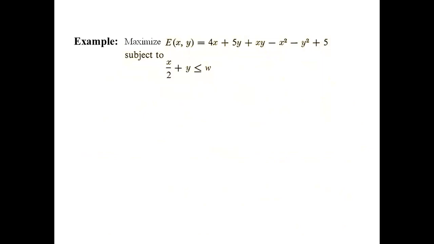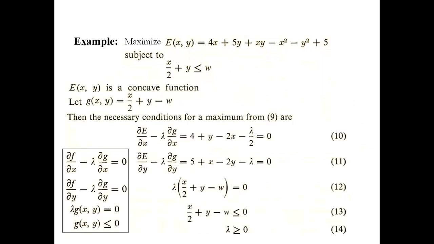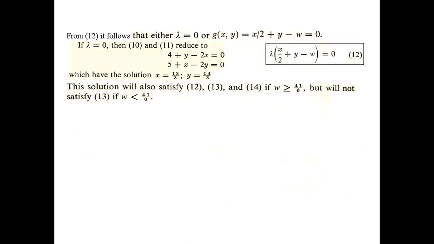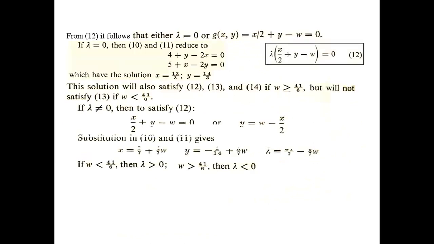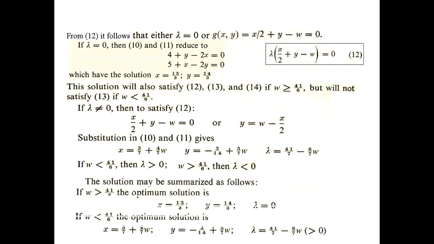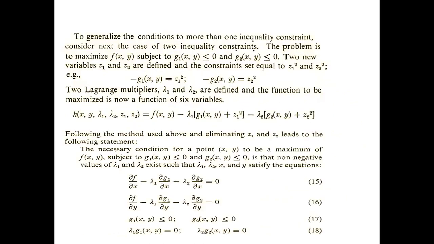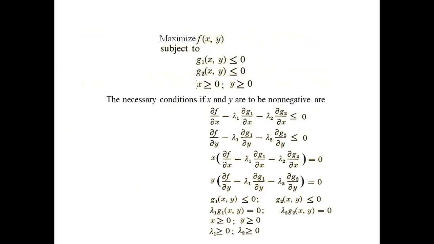So if we want to maximize this function of x and y subject to the constraint, so the corresponding necessary conditions are given below here. So we come up with, okay, the values. Okay. Another example.